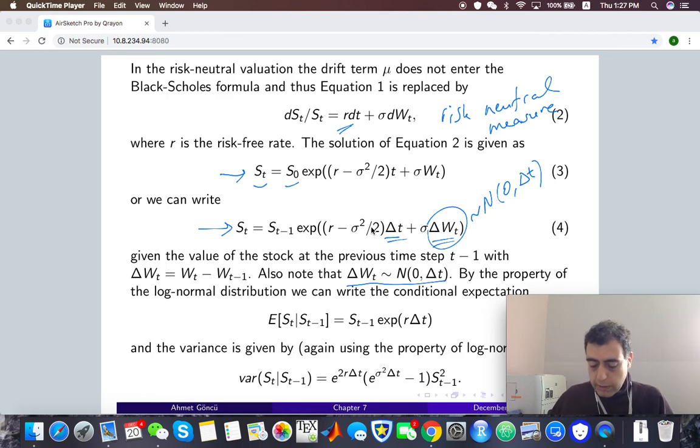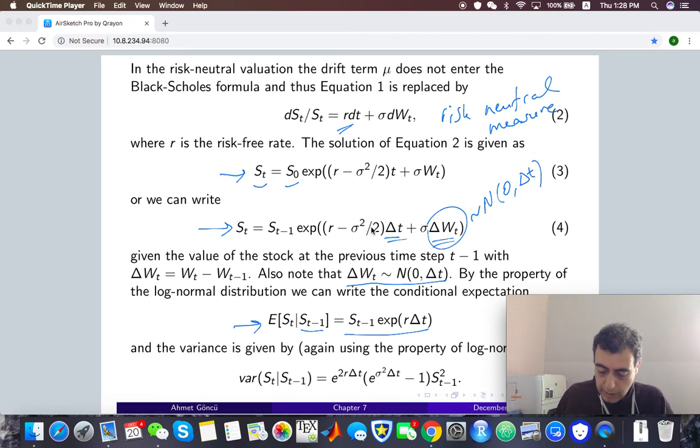In the binomial model, we will need to know the first two moments of the stock prices given the previous time step. The first moment is the conditional expectation of S_T given the previous time step value of the stock price S_{T-1}.